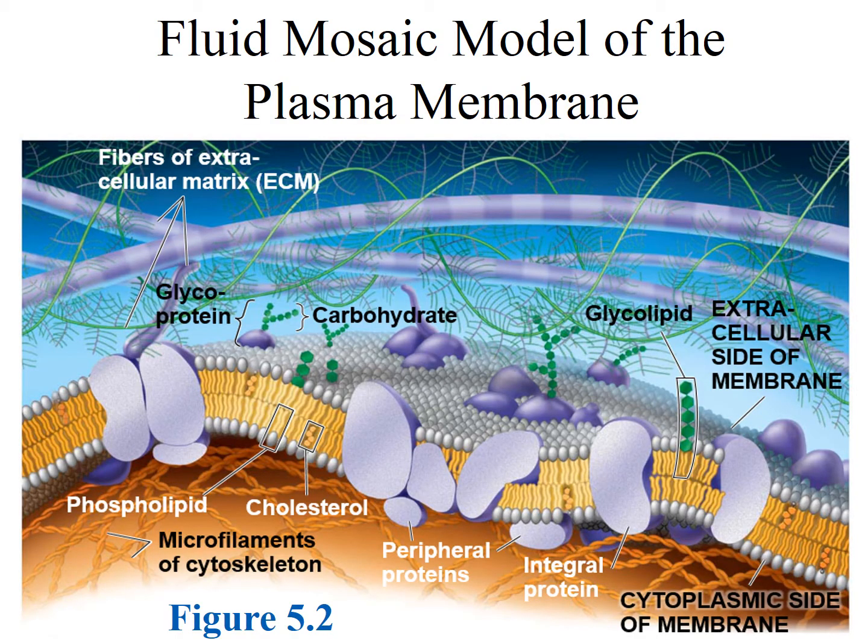Let's look closer at the actual structure of the plasma membrane. The plasma membrane has been described as a fluid mosaic model, and the fluid component of this description refers to the fact that the surface of the membrane, both on the outside of the cell where you have the extracellular fluid and the inside of the cell where you have the cytoplasm, will have a layer of water right next to the surface of the membrane on both sides.